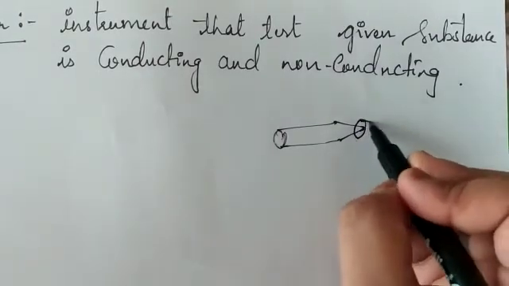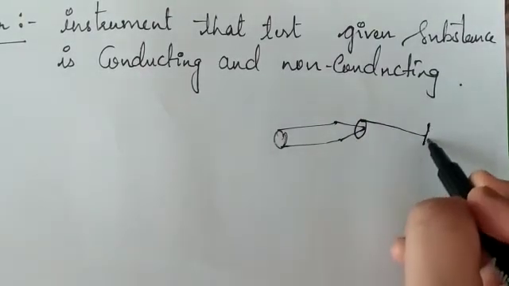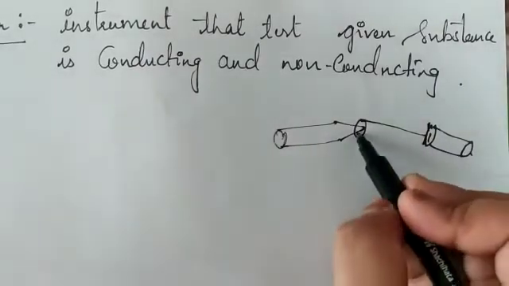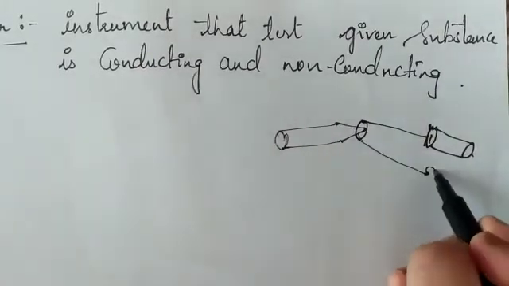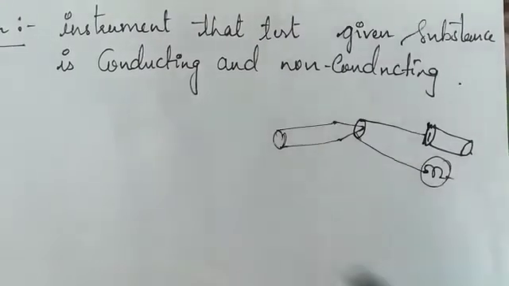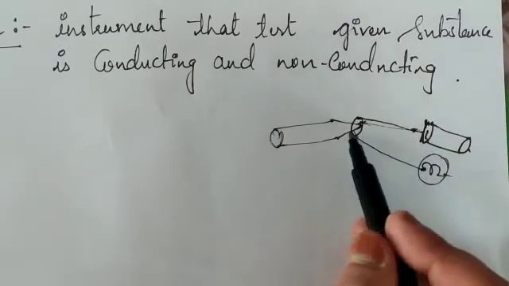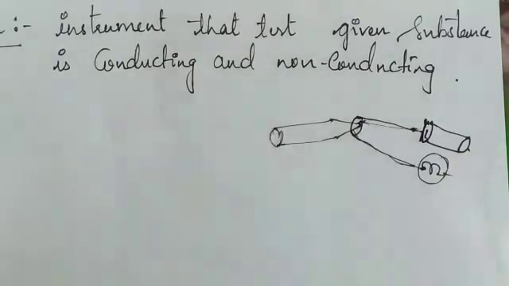One end will be connected to a battery, and the other end of the wire will be connected to the bulb. When the bulb glows, that means electricity is passing through it. This is how we test with the tester.